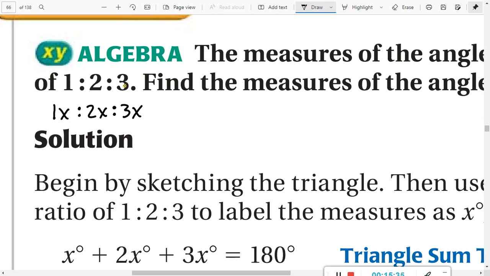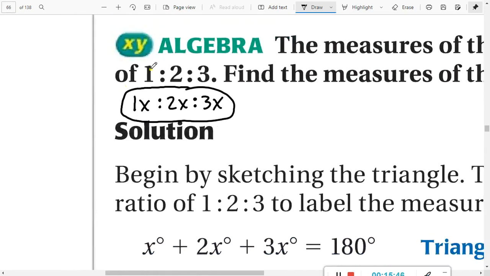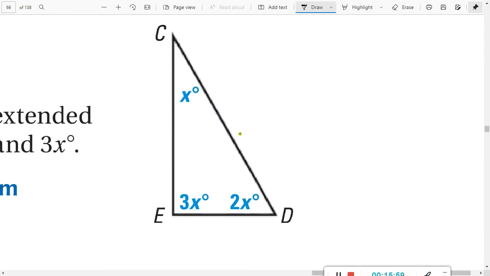This ratio here was the ratio of the angles. It says the measures of the angles are in the extended ratio of 1 to 2 to 3. But we can't call the angle measurements 1, 2, and 3. We're going to call the angle measurements 1x, 2x, and 3x. That's what they did here. This angle here is x, this one is 3x, and this one is 2x.